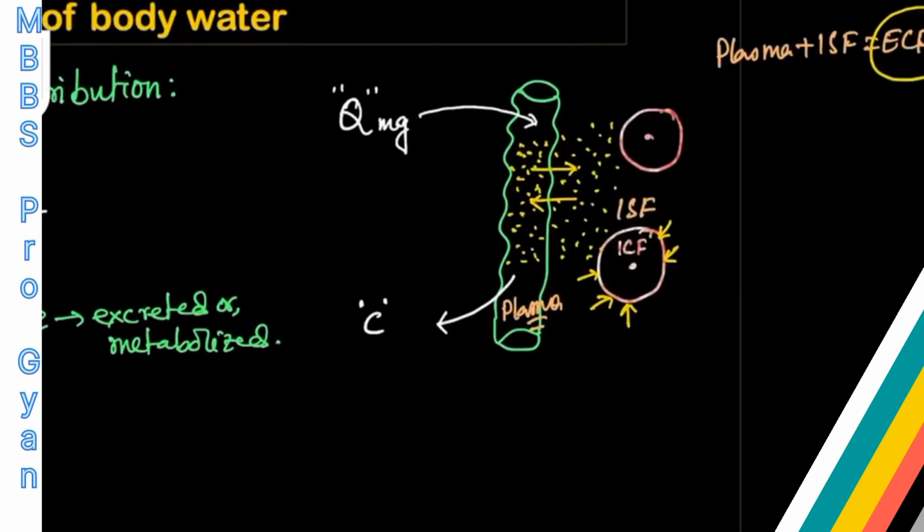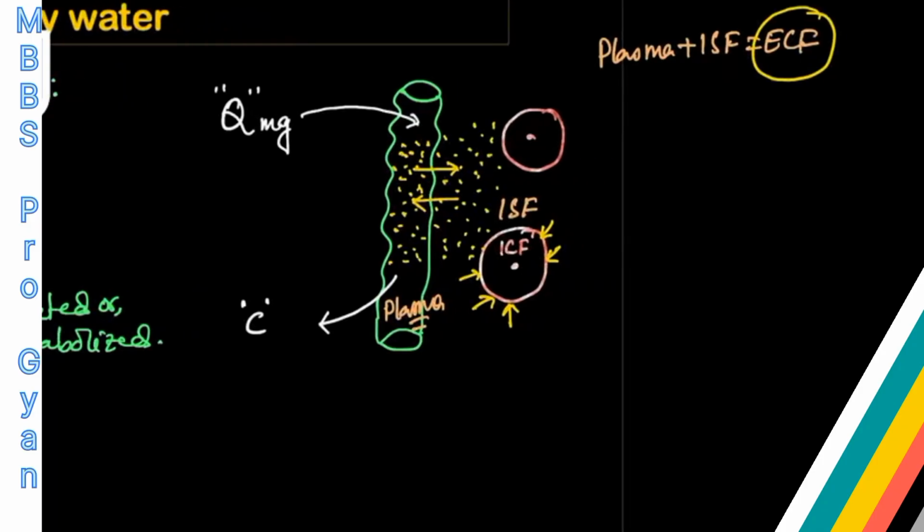Now, the concept is that if you want to measure the total body water, I have to choose one substance such that whenever you inject that substance in the plasma, it will come out in the interstitial fluid also, and it will also enter the intracellular fluid.